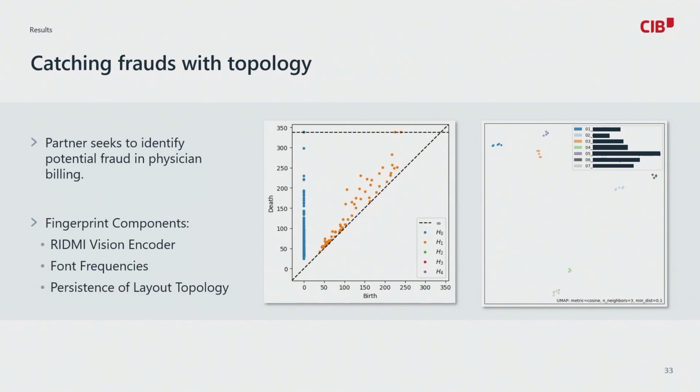We had another project partner, which I find was quite an interesting project partner. They wanted to find fraud in physical billing. And the idea was, different physicians produce different documents for invoices, and each physician has his own fingerprint on these documents.